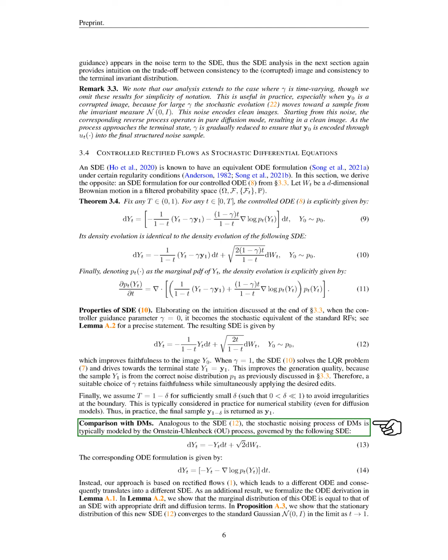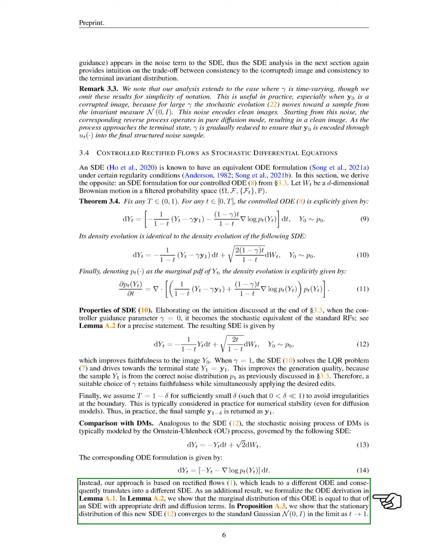We also compare our approach to diffusion models, DMs, which typically use the Ornstein-Uhlenbeck process. Our method, based on rectified flows, leads to a different ODE and SDE. We formalize this relationship, showing that the marginal distribution of our ODE matches that of an SDE with suitable drift and diffusion terms. We demonstrate that the stationary distribution of our SDE approaches a standard Gaussian distribution as time progresses.